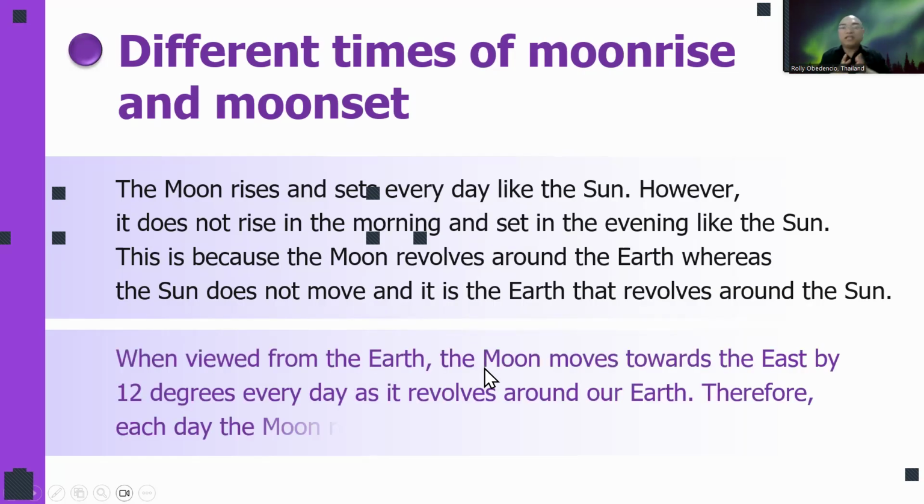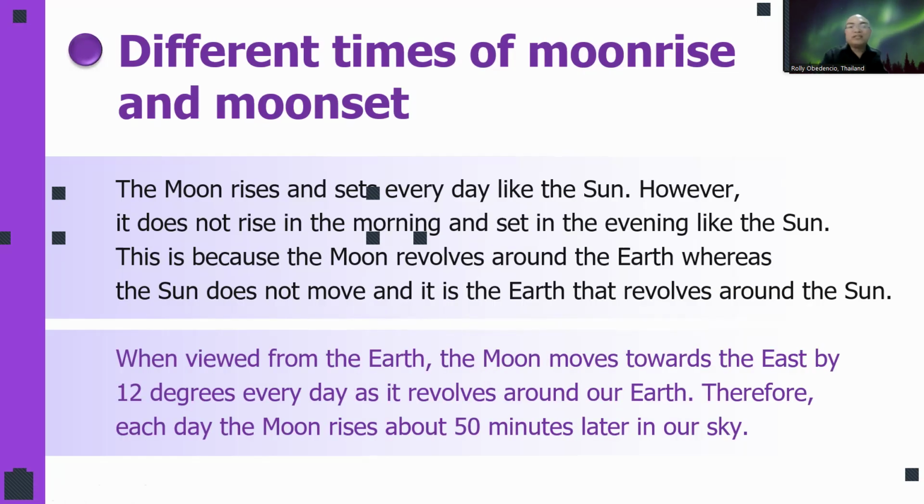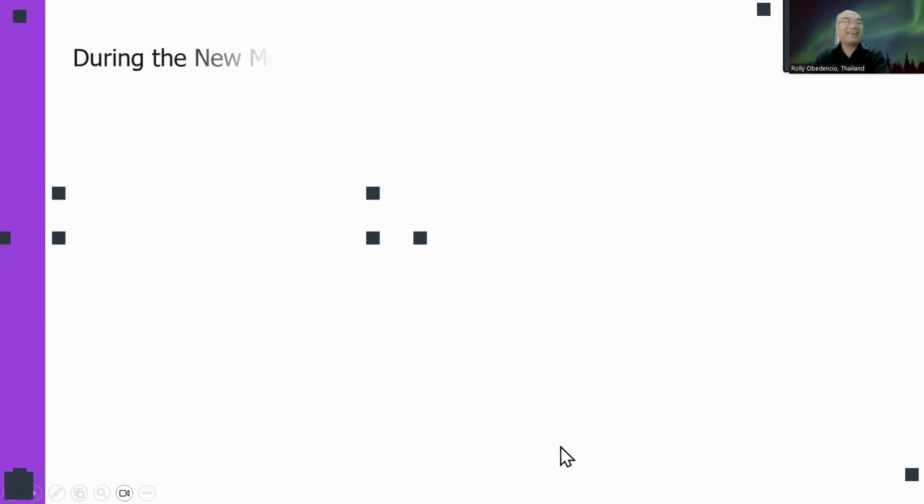When viewed from the Earth, the moon moves towards the east by 12 degrees every day as it revolves around the Earth. Therefore, each day the moon rises about 50 minutes later in our sky.